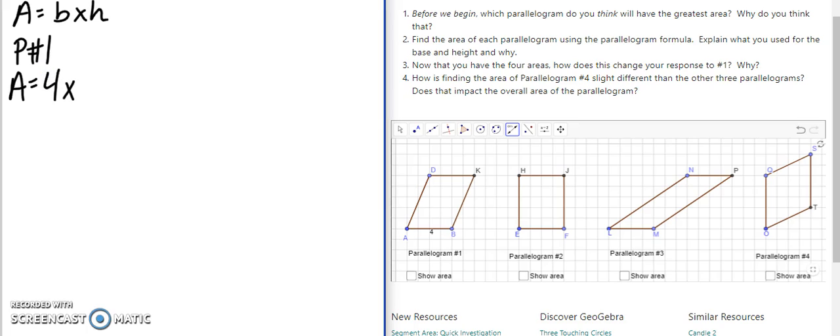And I want to get the height. The height is the perpendicular distance from segment AB to its parallel side, which is segment DK. So I could use my perpendicular tool.